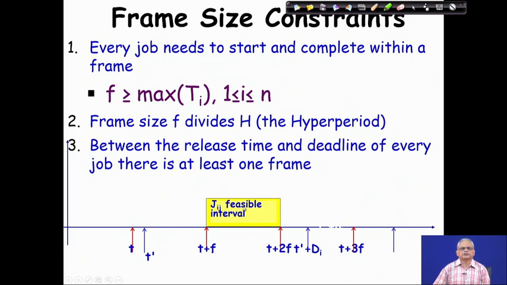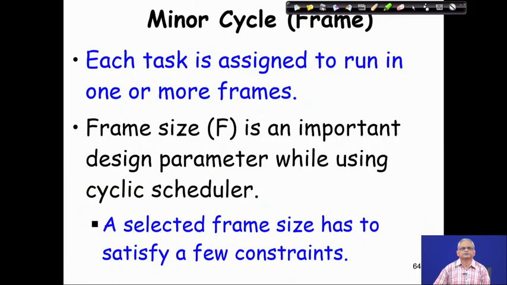To explain this further, I want to take some examples and with some diagrams I will explain that further, why we need one clear frame to exist between the release time and the completion time. But before that, the frame size is an important design parameter, and there are 3 constraints that the frame size must satisfy.